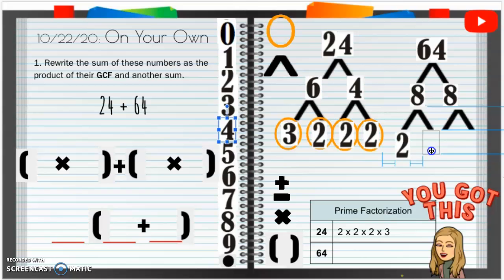Same thing with this other 8. 2 times 4 equals 8, so I'm going to do a 2 and then a 4. Now, 2 is a prime number, so I'm going to circle the 2s. But 4 is not.